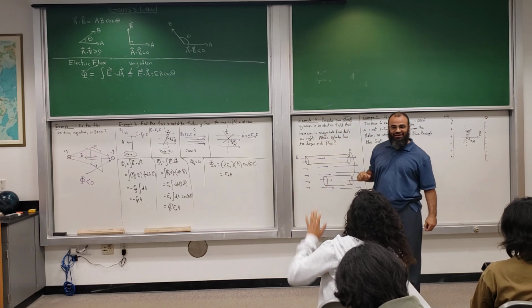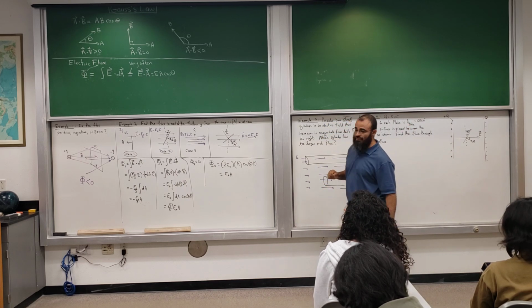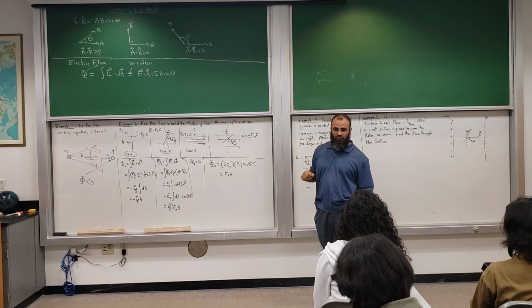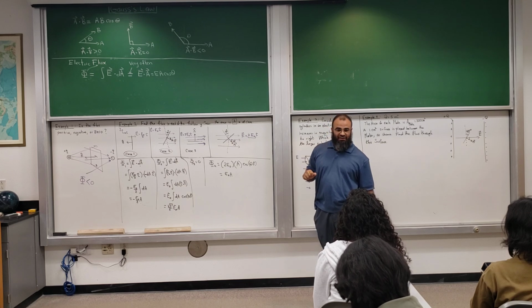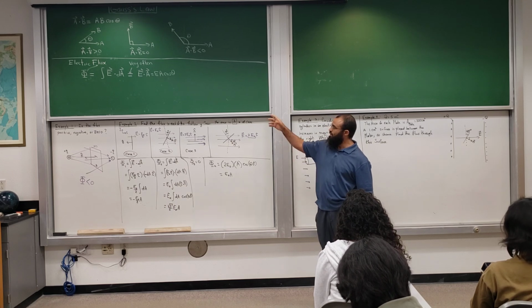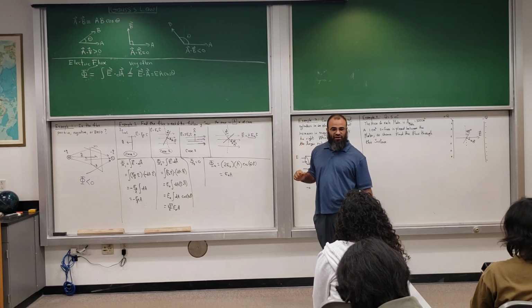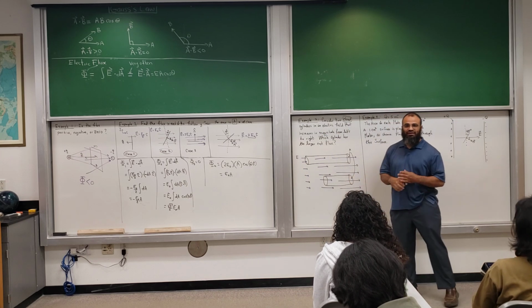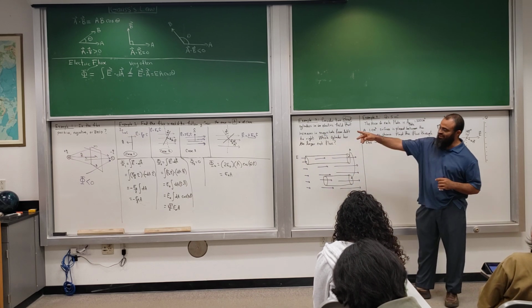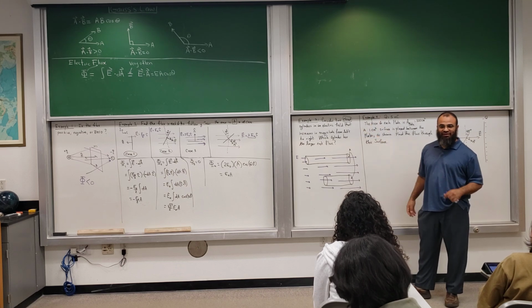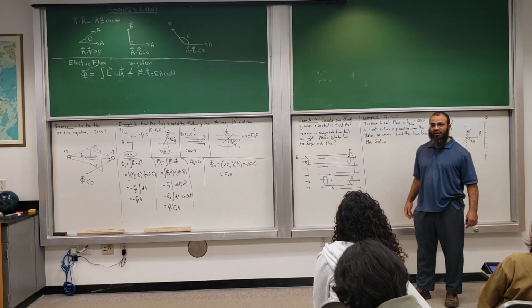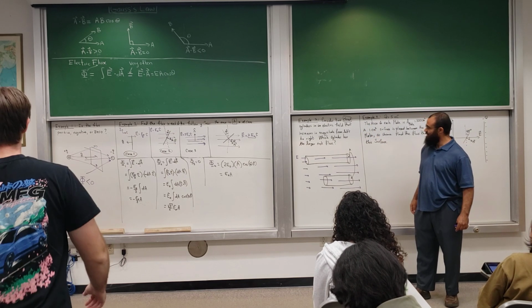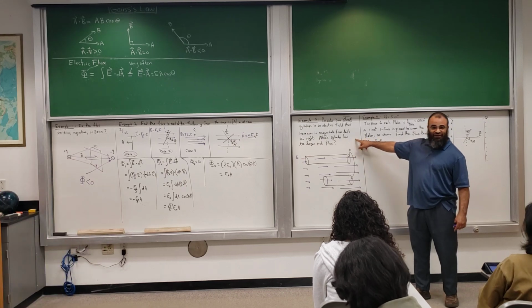We would only have to simplify like that if both the area and the electric field are constant. So in this case, the area is constant, the electric field is constant.